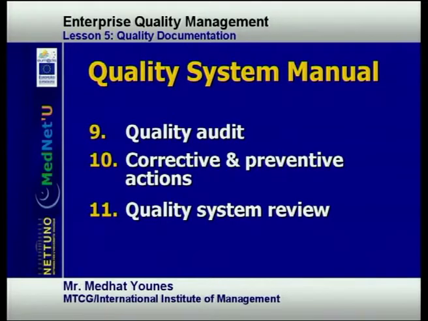The 10th sub-document is the corrective and preventive actions. The 9th is the quality system review, and quality system review is basically a formal evaluation by top management of the status and adequacy of the quality system in relation to quality policy and new objectives resulting from changing circumstances.